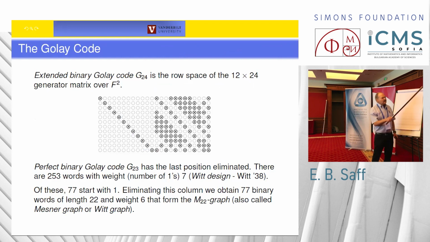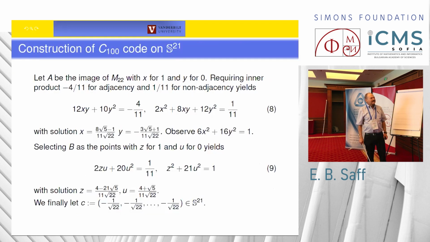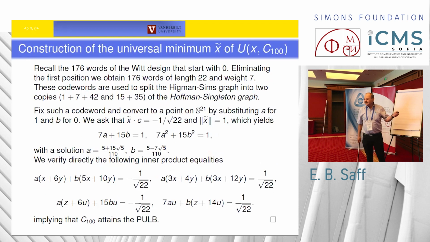But if you work with the binary Golay code, G24, and there are a lot of things that have to be done here, like lopping off the starting digit and so on and so forth, you're led to what's called the M22 graph, and after a lot of effort, we're able to produce the x tilde.